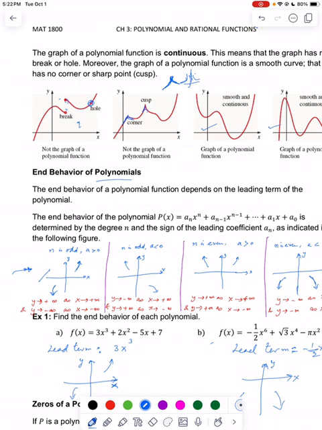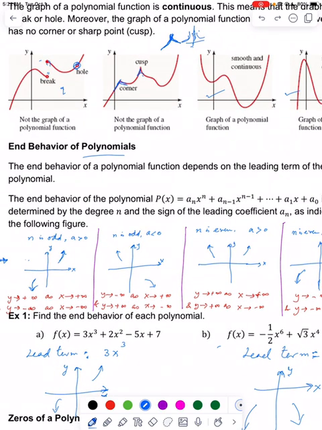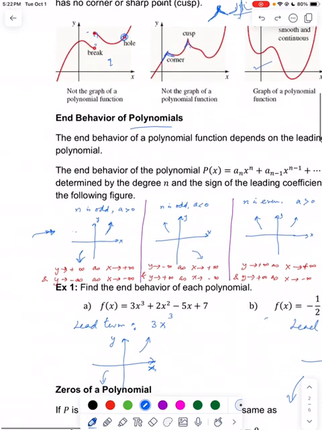So if n is odd, meaning the degree is odd, and your lead coefficient is greater than 0, then it will behave like x cubed, which goes up here and goes down there. Okay. So basically what we mean to say here is, if I take a big X value, for example, in the simple X cubed graph, let X equal 10,000.